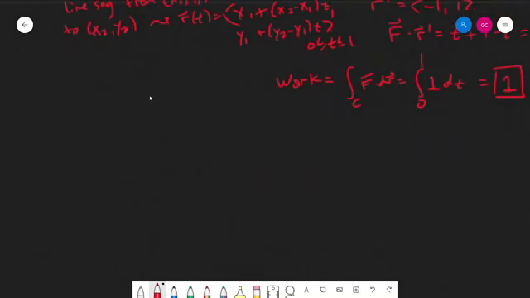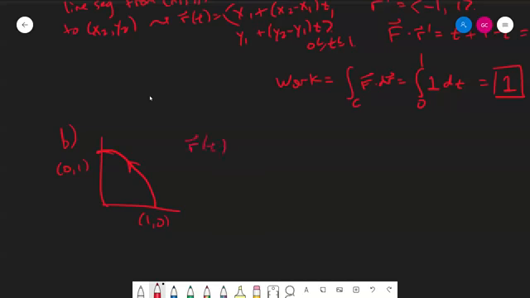Now let's look at part B, where now, instead of taking the direct path, I'm taking a path along this circle here. So here's still the point (1, 0), and still the point (0, 1). So how do I parameterize this?